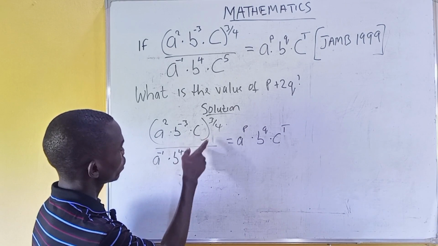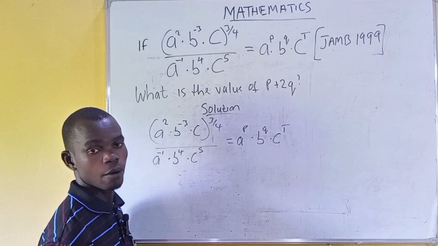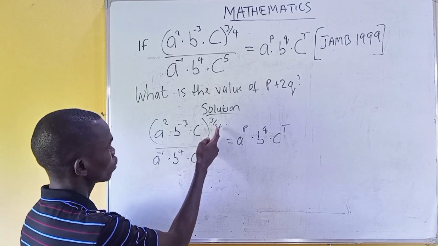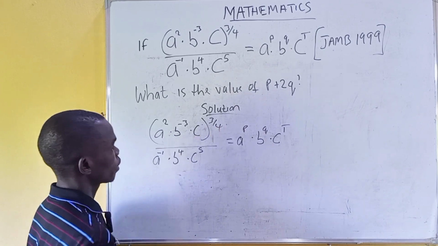If you look at the numerator, you will notice that this is a product power law. So you distribute this power over the numbers in this bracket.